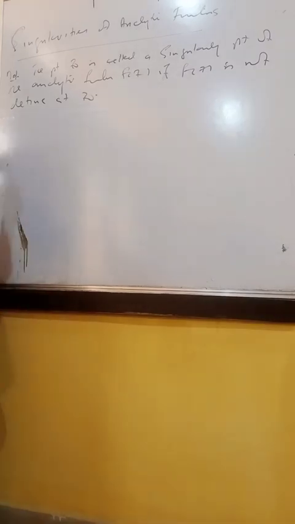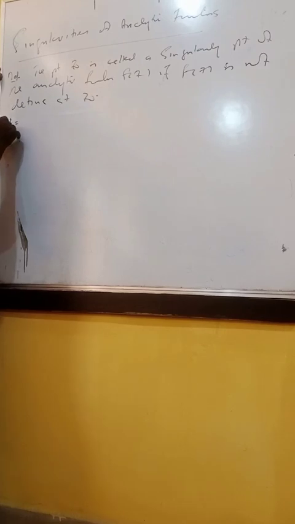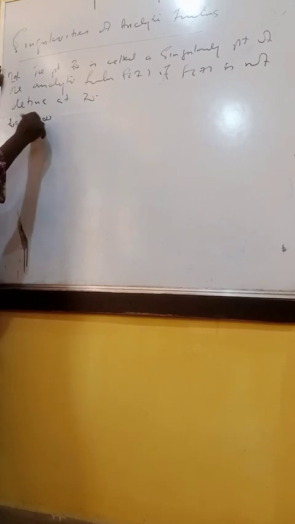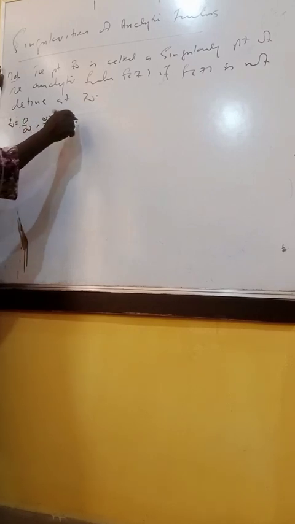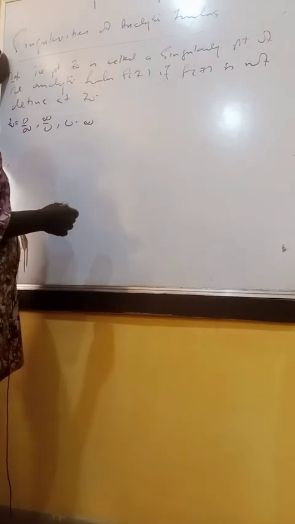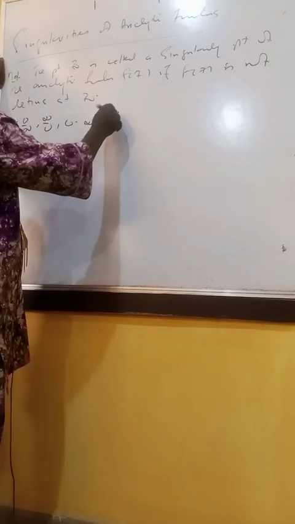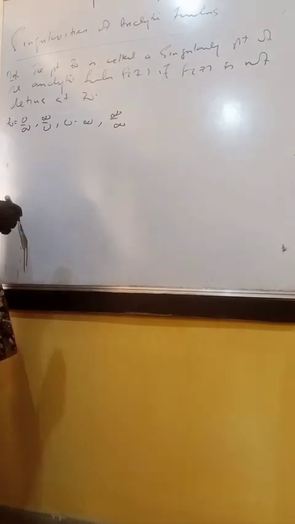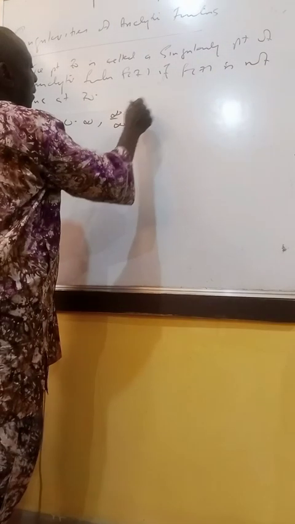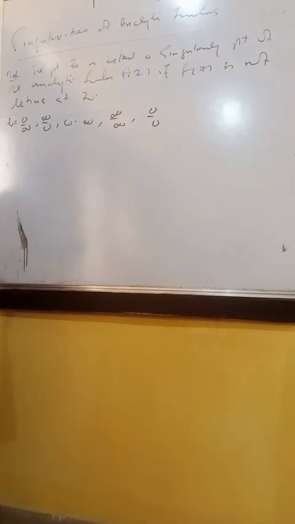So when z0 is equal to any of these, 0 over infinity, infinity over 0, 0 times infinity, all these points are not defined. These are all singularity points. Is that okay? Yes. So you can't get a concrete value.